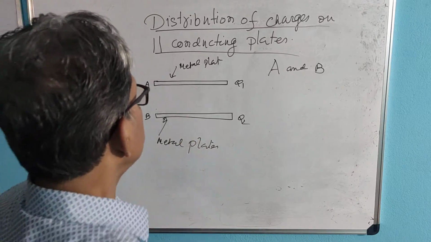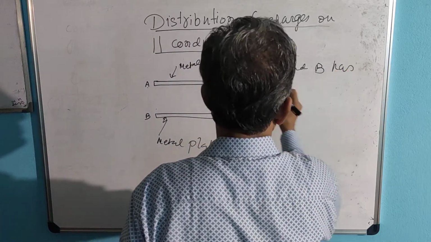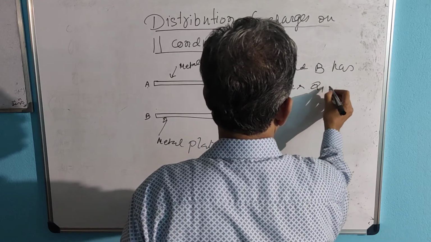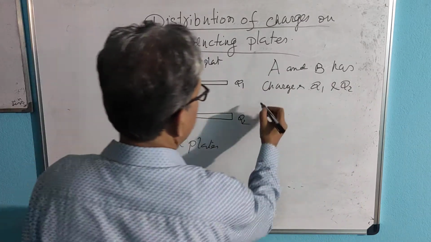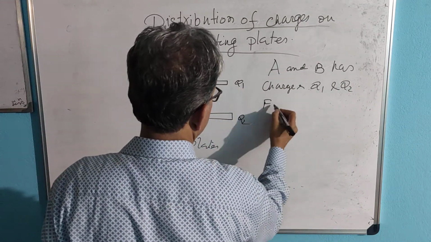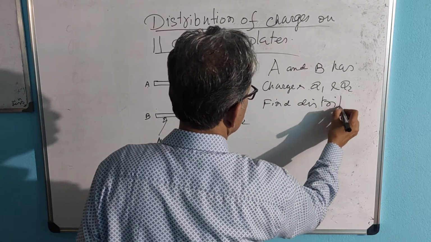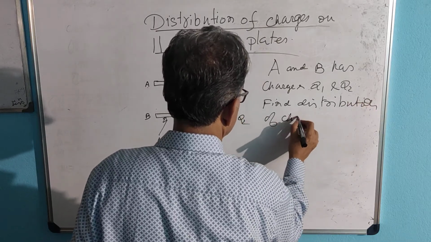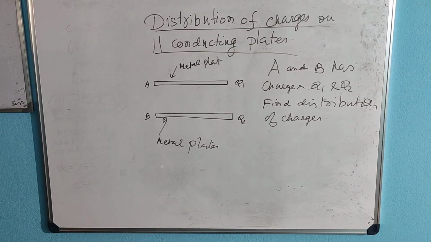A and B have charges Q1 and Q2. Now, find the distribution of charges on the different surfaces. That is the question.